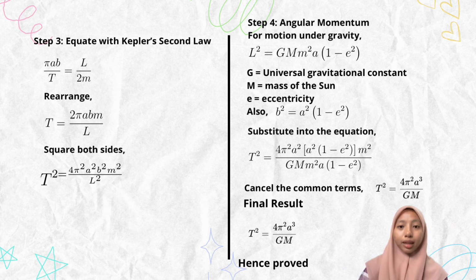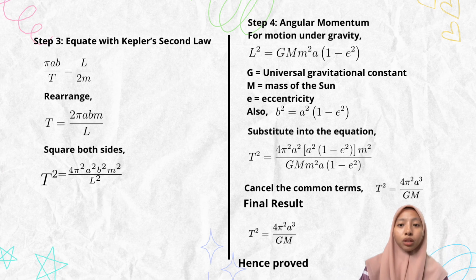Next, we substitute the angular momentum equation, L squared equals G M m squared a times 1 minus e squared, and the relationship b squared equals a squared times 1 minus e squared. After cancelling the common terms, the equation becomes much simpler.